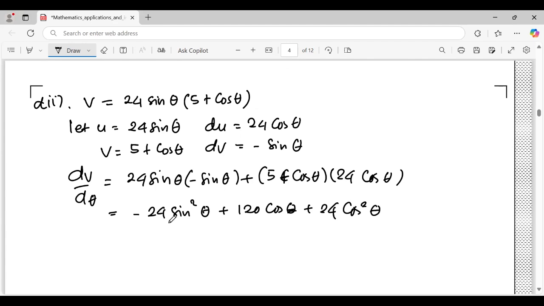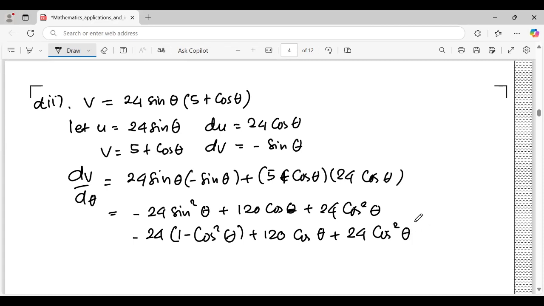And I would like to convert this sine squared theta becomes 1 minus cosine squared theta. So 120 cosine theta plus 24 cosine squared theta. For the maximum, we have to set the derivative equal 0.